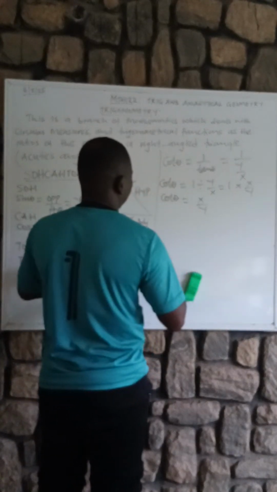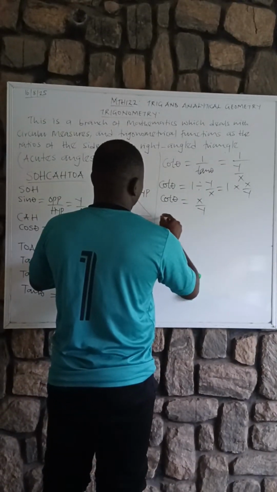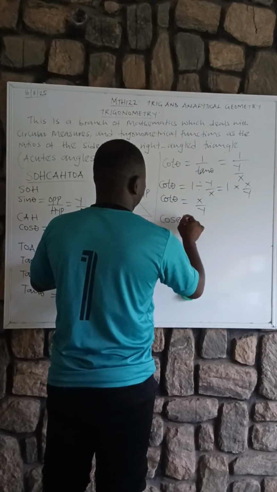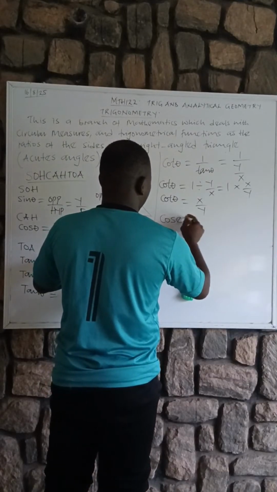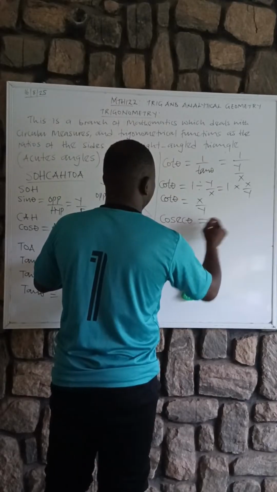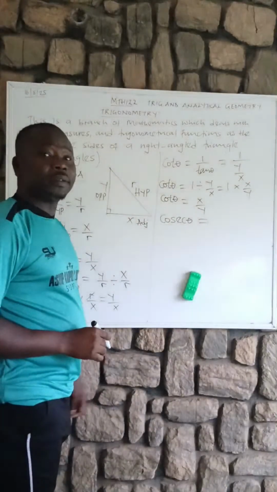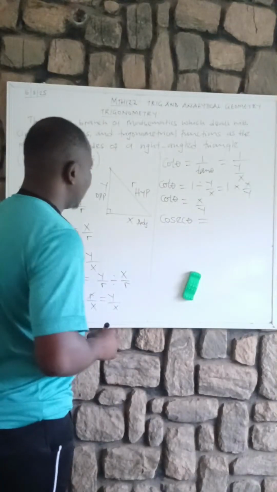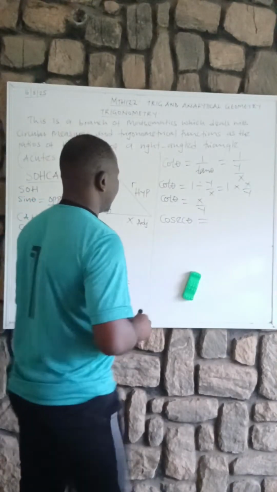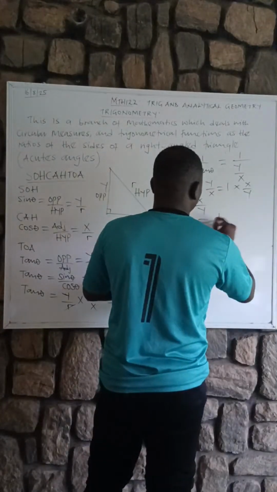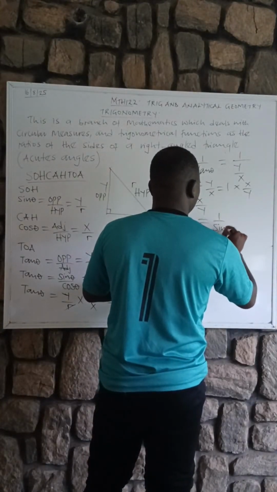Then what is cosec theta? Cosec theta is 1 all over sin theta, right? Am I right?